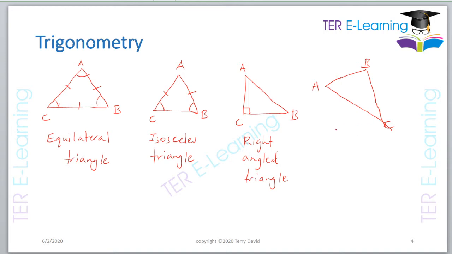So all angles different, or lengths different, what do we call this type of triangle?